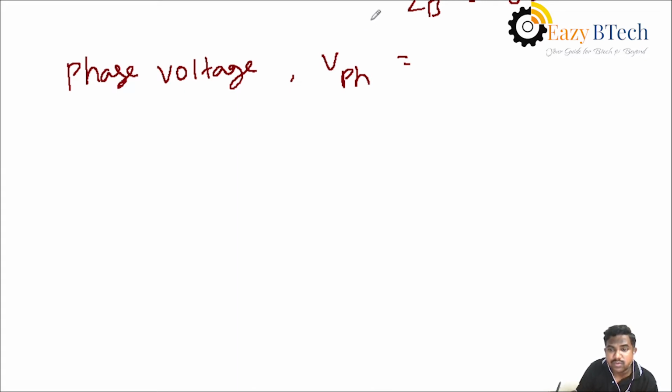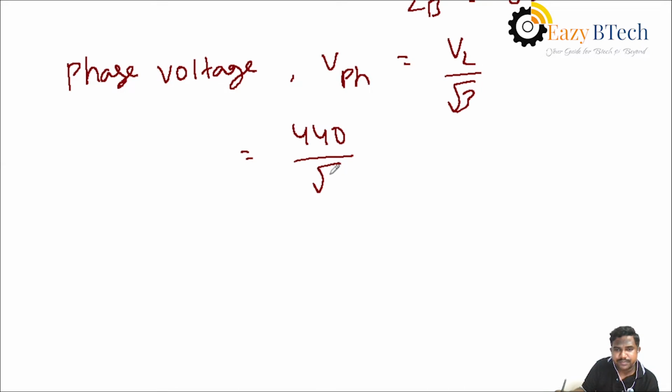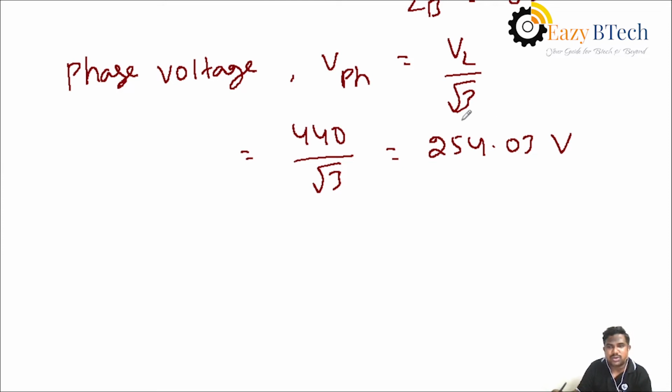That is, the line voltage equals root 3 times the phase voltage. From that, the phase voltage VPH equals VL by root 3. The value of VL is 440, divided by root 3. Hence, the phase voltage is 254.03 volts.